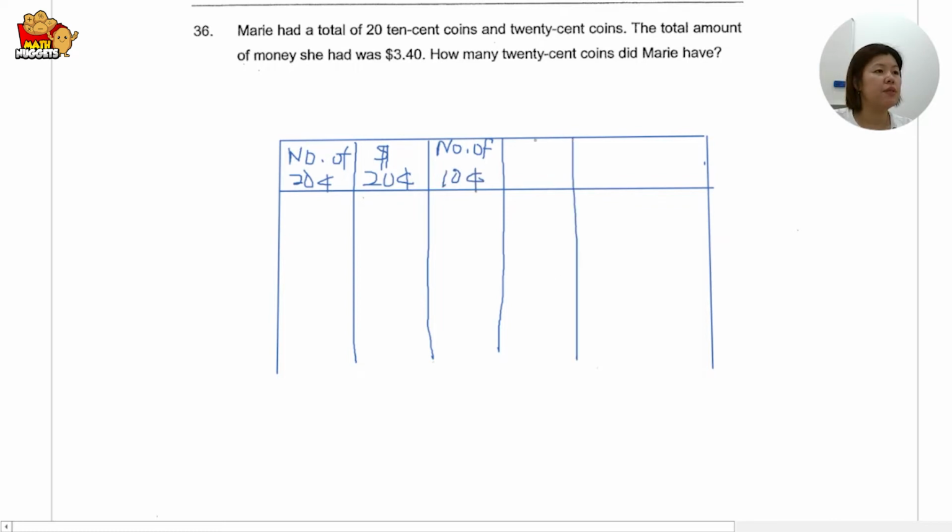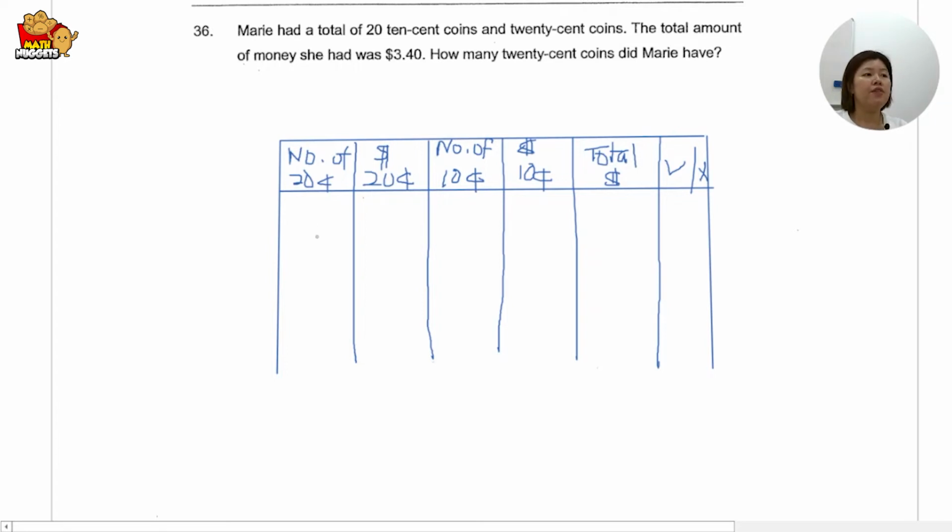And this one will be the money for 10 cents. And this one is total money. And this one, whether is it tick or cross.